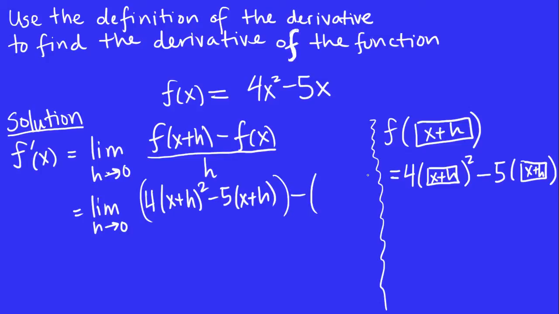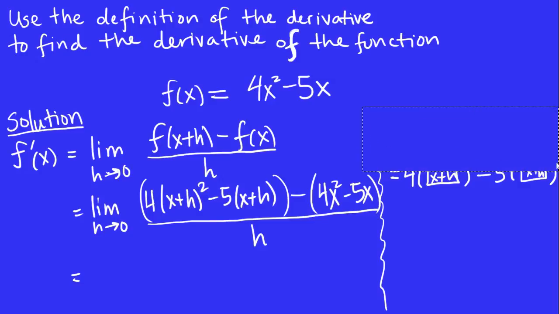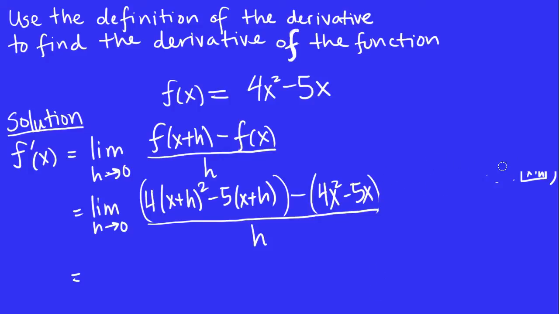Minus, and then inside those brackets, I'm going to put what f of x is, namely 4x squared minus 5x. And then it's still all over h, right? Okay, good. I'm going to erase this now because we don't really need it. Again, you don't have to write any of that, of course. I just put that there to help explain what f of x plus h is in this case.